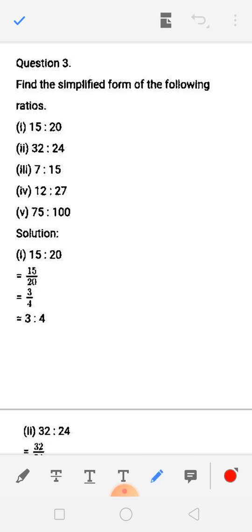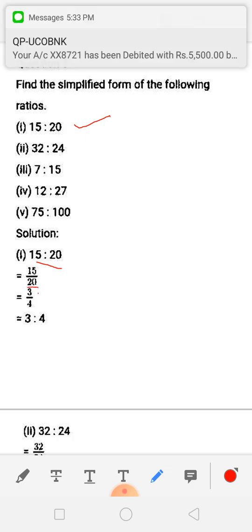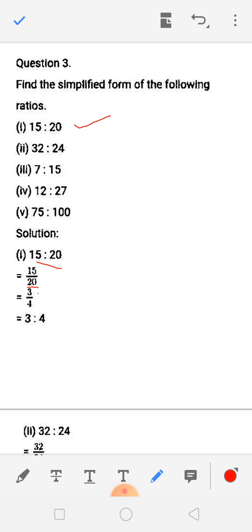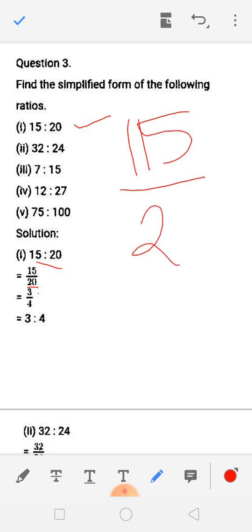Okay, so first question is 15 ratio 20. I can write 15 ratio 20 as 15 divided by 20, and then cancel it. Look at here, this is 15, this is 20.